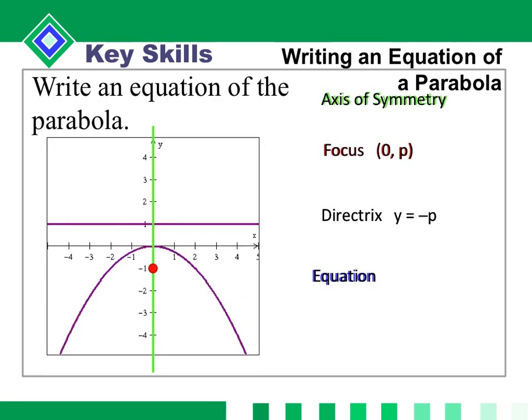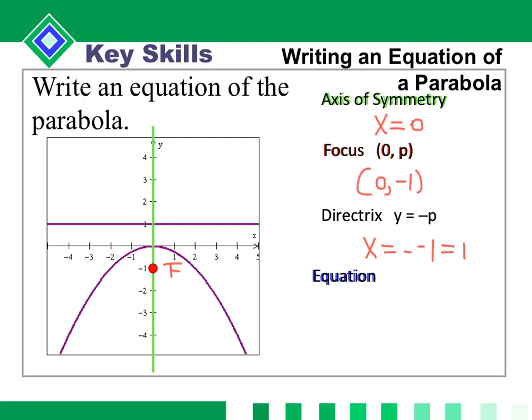Now here we have a graph. You're just supposed to write the equation. So the axis of symmetry is, this is on the y, x is equal to 0. What is the focus? This one is opening downwards, so it's going to be (0, -1), right there, focus. Directrix is y is equal to minus -1, which is 1.